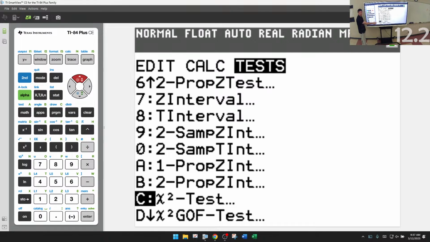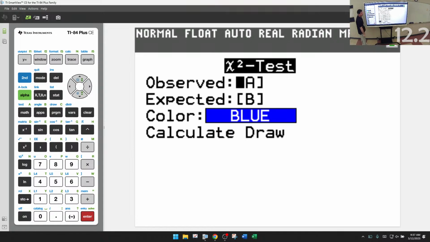The other one says chi-squared test. That's for homogeneity and independence. They're both the same. So when I hit enter, look what it asked me. Observed, matrix A. If it's not in matrix A, you need to change it to matrix B. Or if you put it in matrix C, you got to change that to C. How do you do that? I don't know. You'll figure it out. I really don't know. That's why I put everything in A.